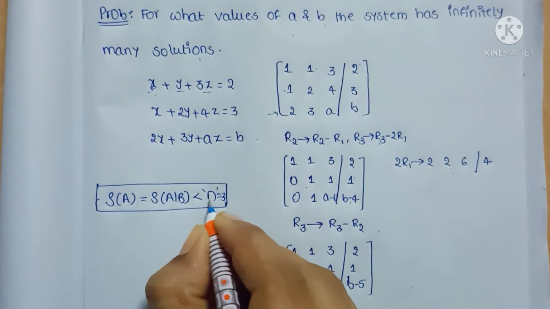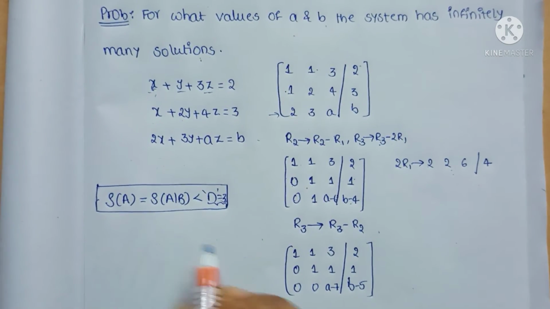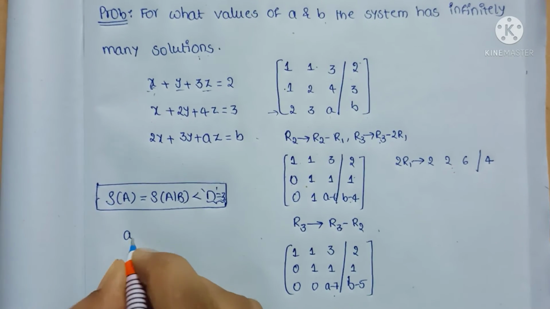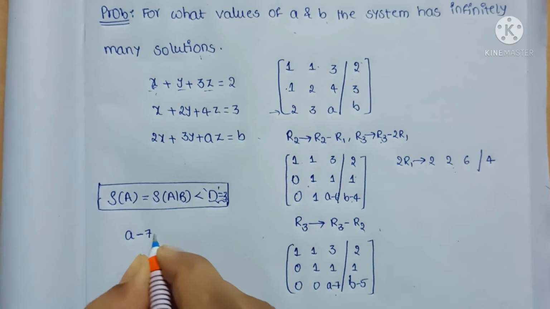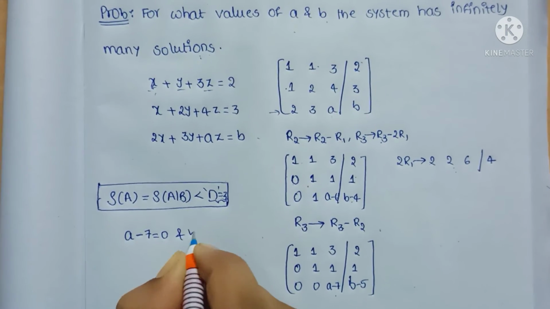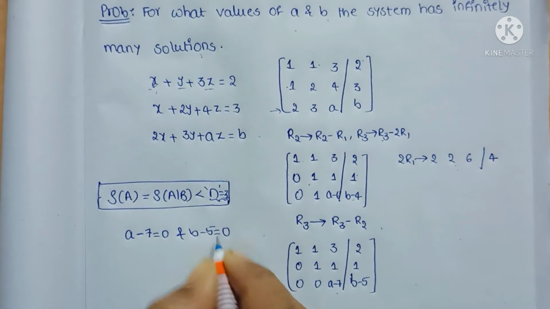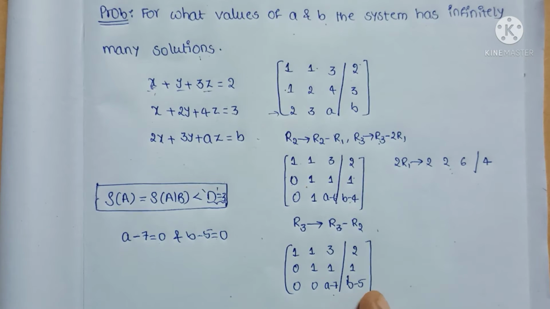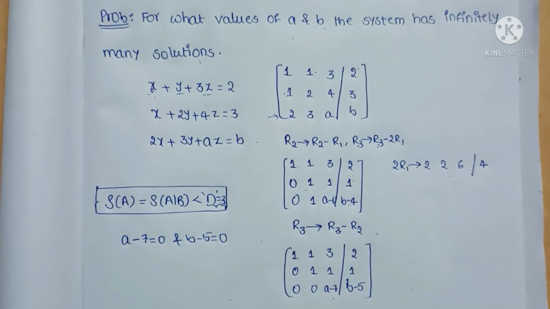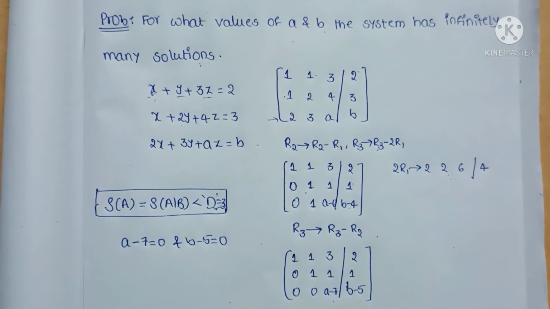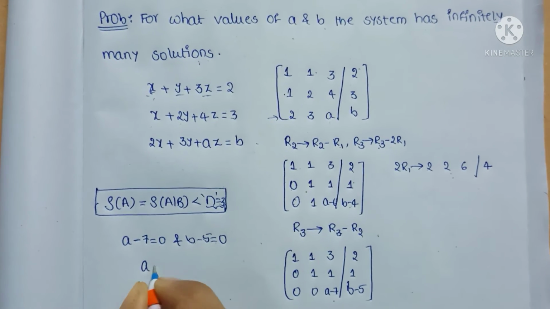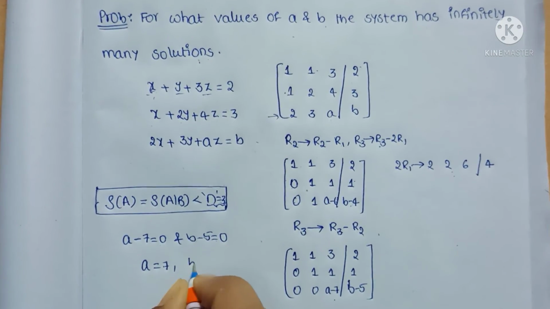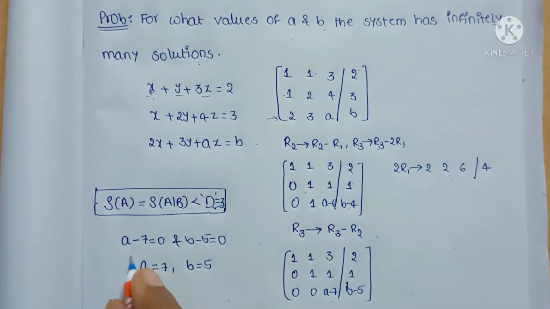When a minus 7 equal to 0 and b minus 5 equal to 0, we get rank of A is 2 and rank of AB is also 2, which is less than n, so it has infinitely many solutions. That means a equal to 7 and b equal to 5.